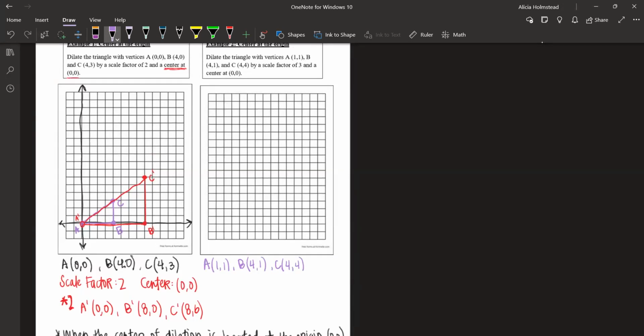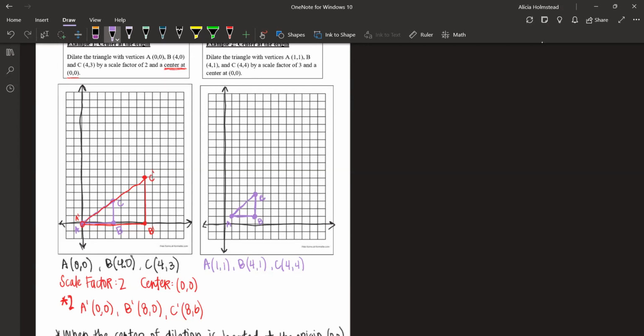If we graph those, I'm going to put my origin at the same place. A is at 1, 1. B is at 4, 1. 1, 2, 3, 4. And C is at 4, 4. That would be our original image.